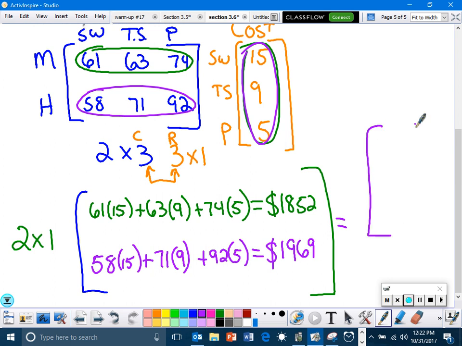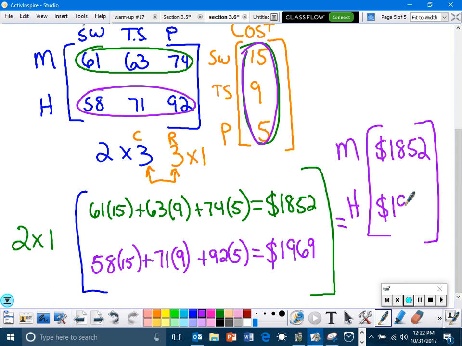Well, this is the middle school. The middle school has $1,852 worth of merchandise, and the high school has $1,969 worth of merchandise. So we took each and found the total cost for the high school and the middle school.